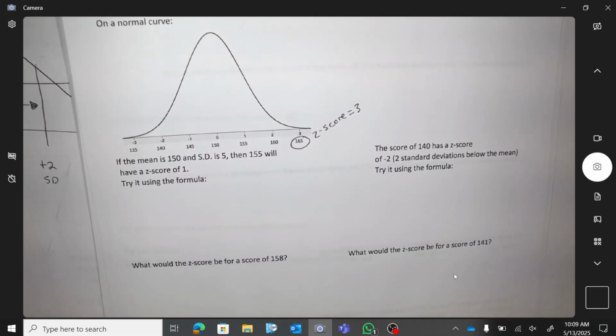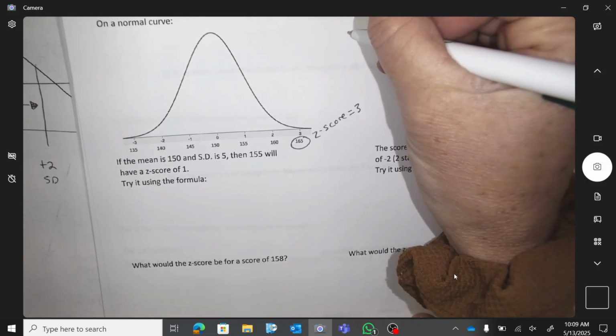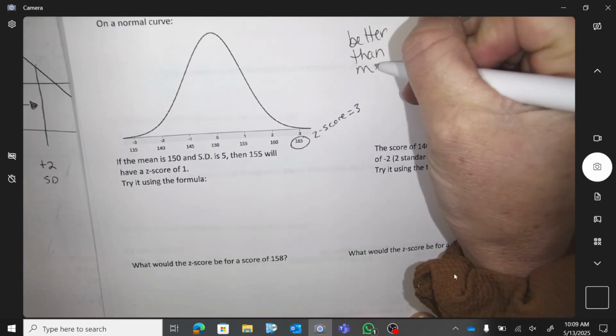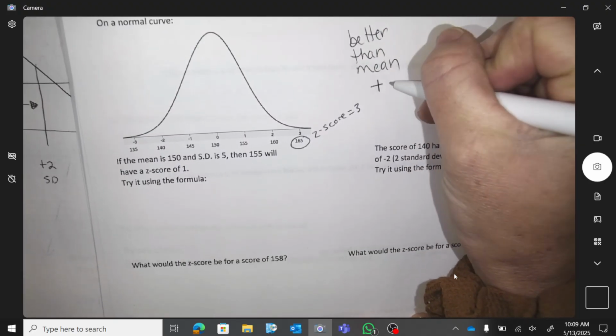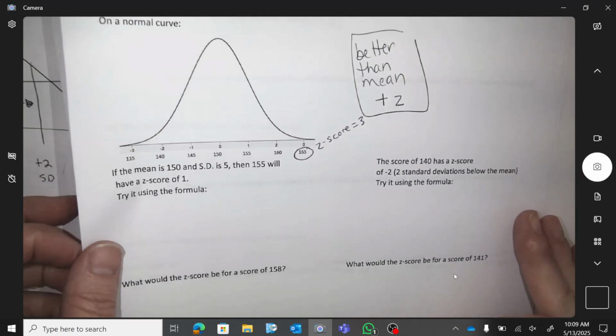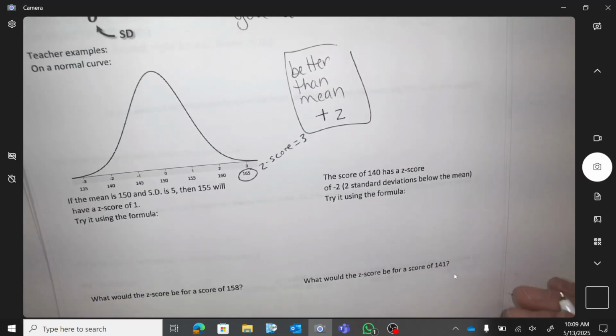That's all it's meaning, okay? So can we make a conclusion? If you're better than the average, your Z-score should be positive. So if you're better than the average, your Z-score is a positive value.